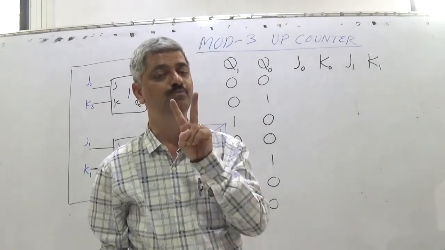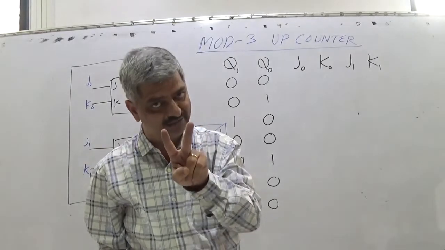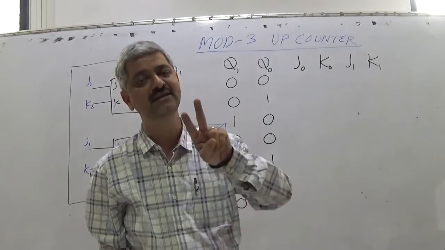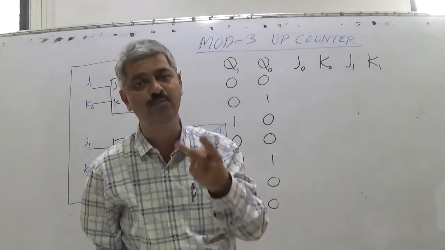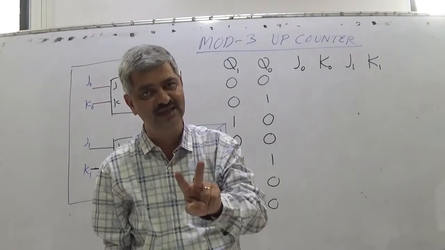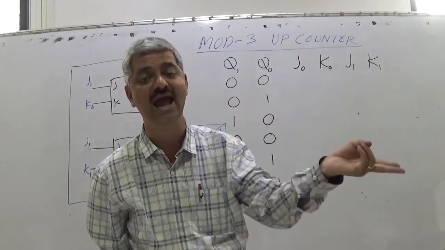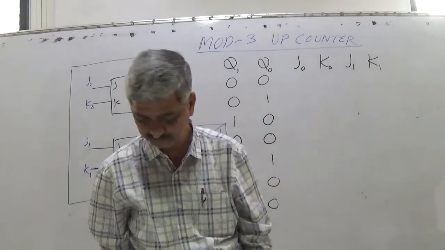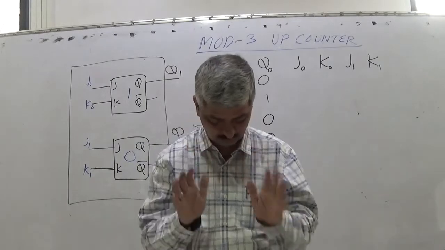Remember, outputs of all flip-flops can take a role in determining inputs of all flip-flops, so that for a given current state we get the next output state as expected.